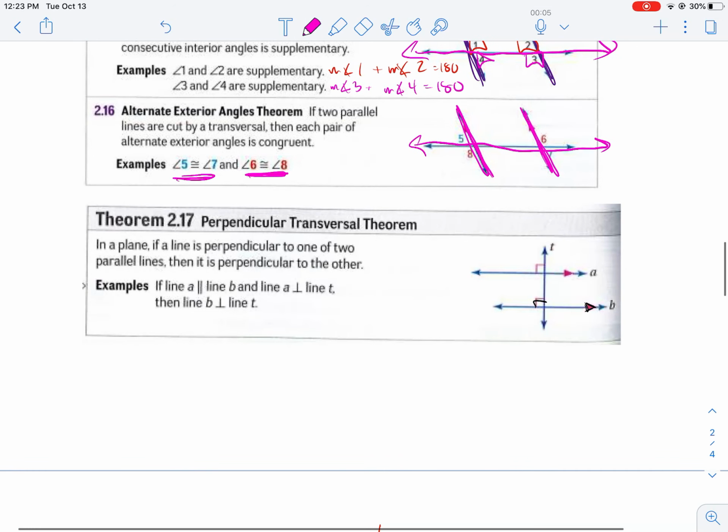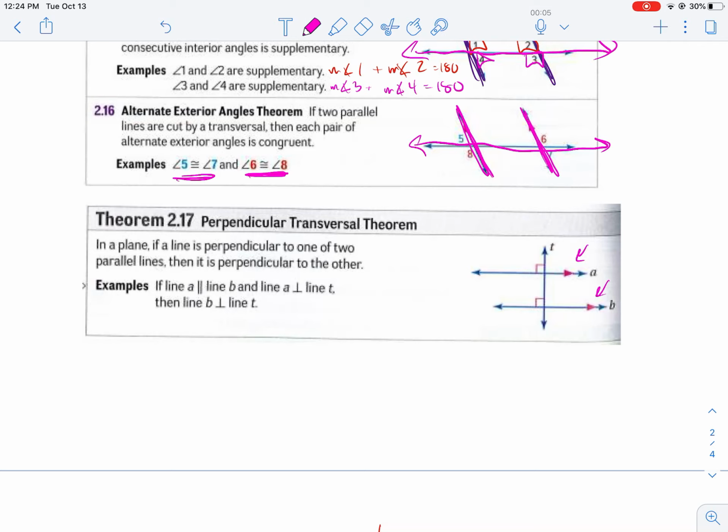And lastly, the perpendicular transversal theorem. In a plane, if a line is perpendicular to one of two parallel lines, then it's perpendicular to the other. All right, so in the picture here, they let us know that these two lines are parallel with those little arrows there, okay?